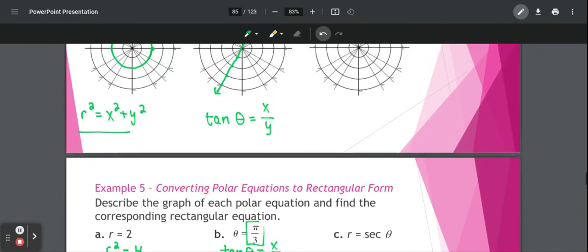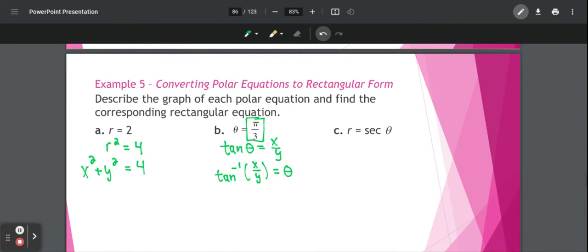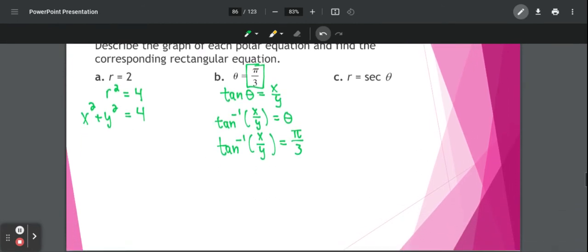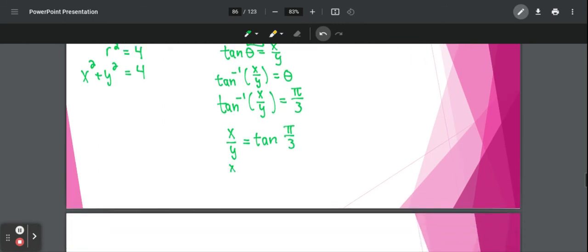Yep, they told us it's pi over 3. So the inverse tangent of x over y has to equal pi over 3. And if we go backwards, then x over y has to equal the tangent of pi over 3. Using that unit circle knowledge, we know that the tangent of pi over 3 is the square root of 3.